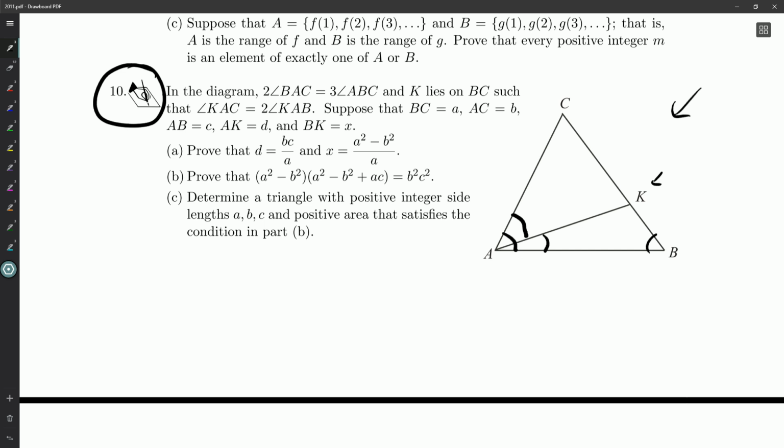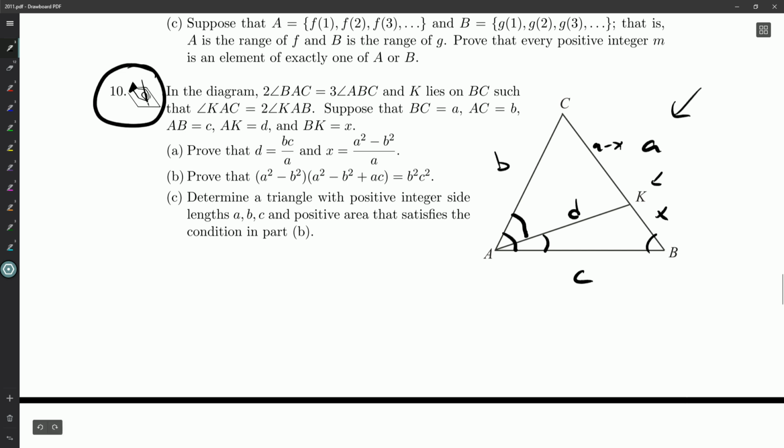So we're being told some things about angles, and then it looks like we're just giving names to sides. BK is X, AK is, they're calling it D. Opposite the C, you get the little c, and then it looks like we have a B here. So I guess we could call this A minus X right off the bat. So this is our setup.